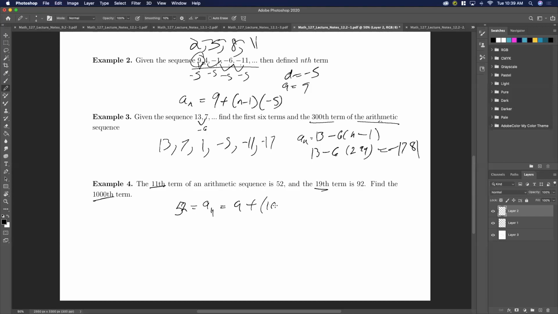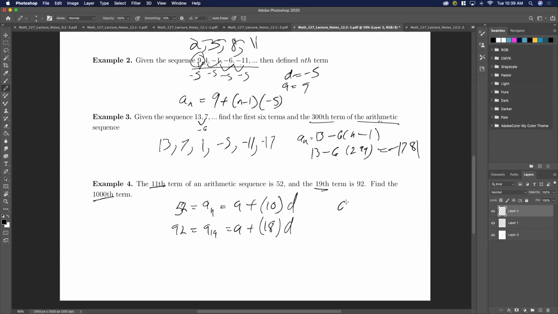At n minus 1 here, it's 10 times some d, right? Here we have 92 is equal to a_19, which is equal to some a plus 18 d, since n minus 1 of 19 will be 18. And now all we have to do is tease out what is what, right?